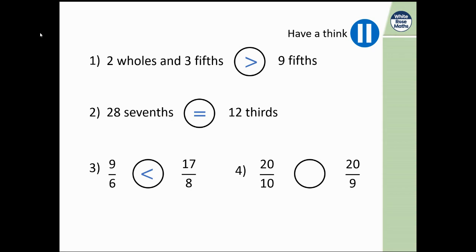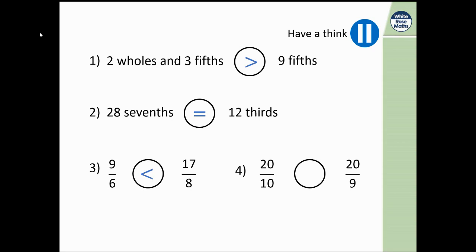Right, and on the next one, remember the rule on this one. So we've got 20 tenths and then 20 ninths. And the rule was, of course, if the numerator, the top number, is the same, and the denominator is bigger, then the fraction is smaller. Confusing stuff, eh? But if we work that out, we say, right, how many 10's are in 20? It's 2. Yeah, 2 wholes, which we know.